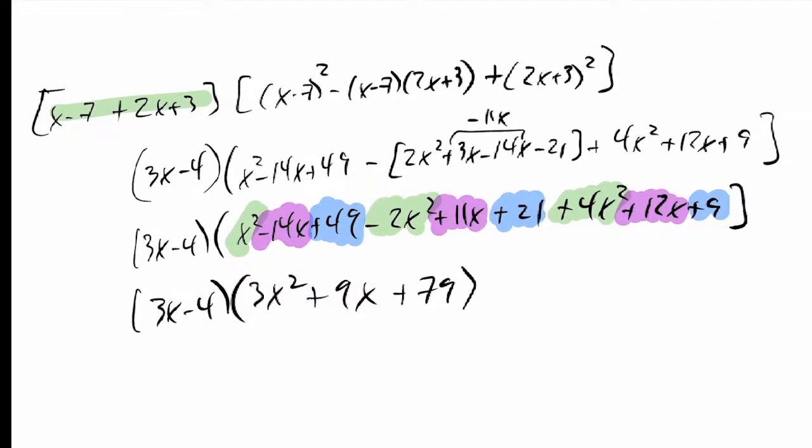So this is what I got for this one so far. And you can do a quick check here if you like. And you'll find out that this is less than 0, and we're done. Just 4/3 is the only root.